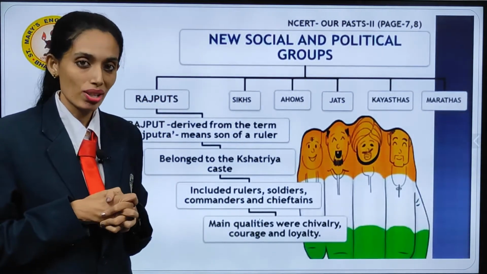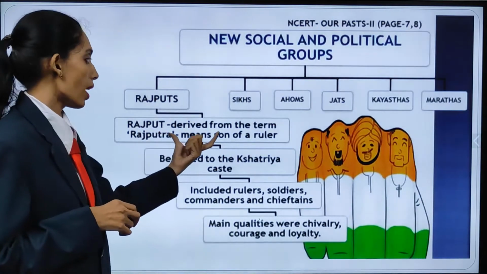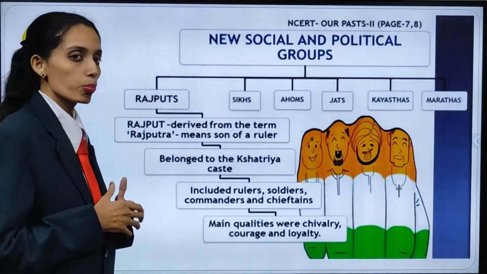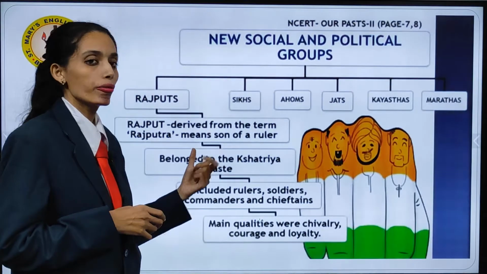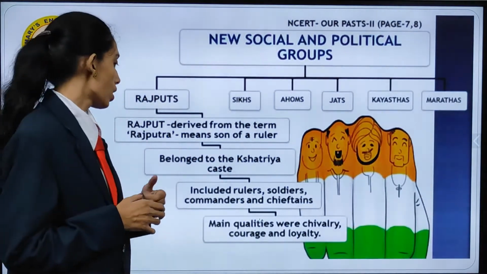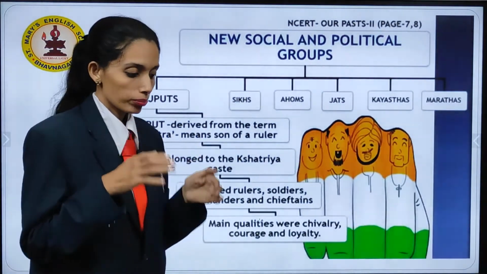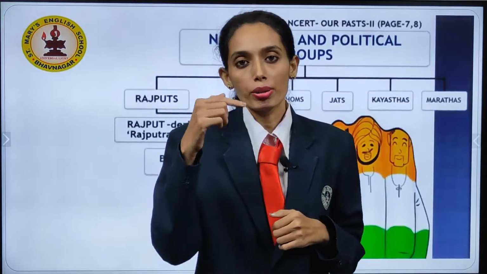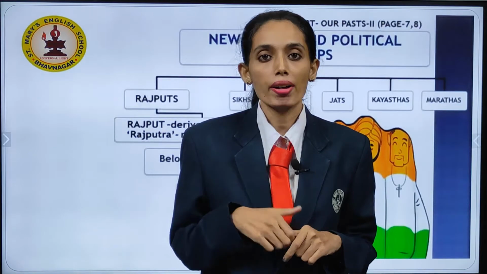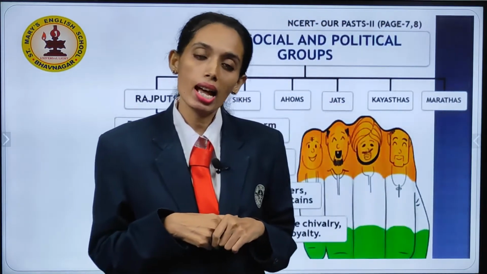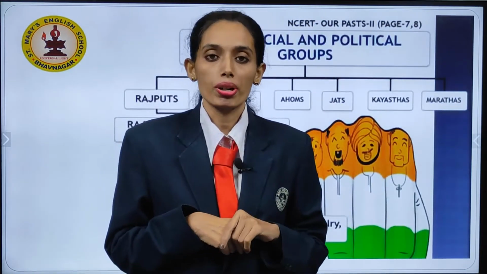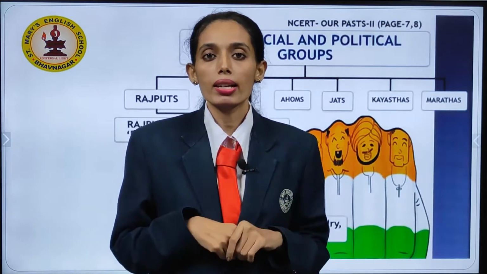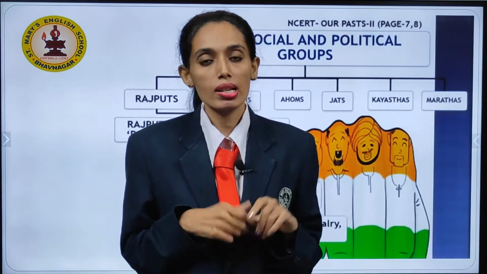Rajputs belonged to Rajasthan. Rajput derived from the term Rajputra, meaning son of a ruler. As you know, in the caste system, you have Brahmanas at the top, then the Kshatriyas, then the Vaishyas, and the last, the fourth, Shudras, right? The second one is Kshatriya. Kshatriyas are warriors.